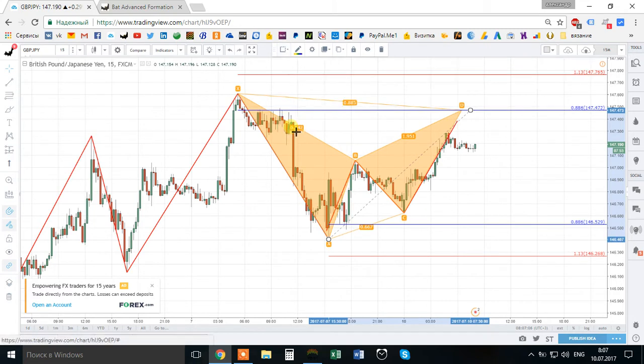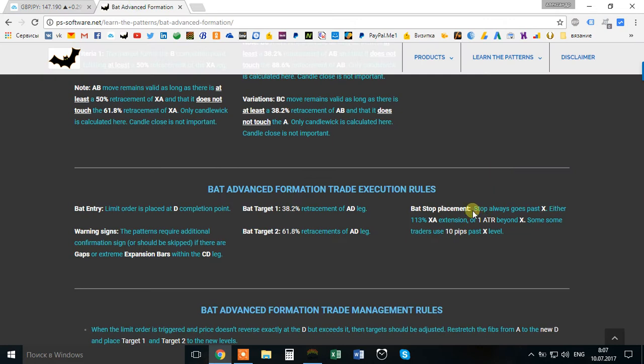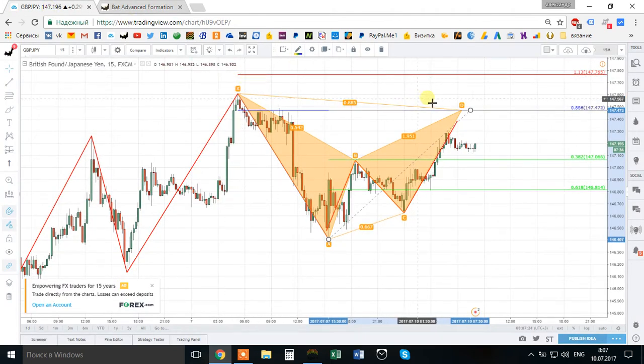I already have a template. So these are the targets. And the stop loss is 113. If you look at that, but stop placement, either 113, 1 ATR above X, maybe 10 pips above X, it doesn't really matter. So 113 is pretty good. It becomes larger if XA becomes larger, and smaller if XA becomes smaller. So it is dynamic. I love that dynamic stop loss.